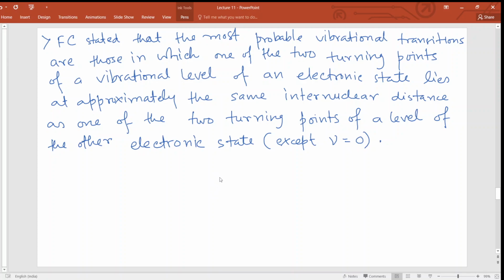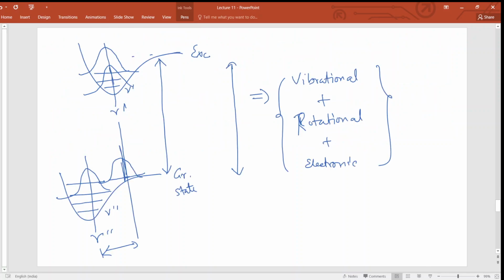If the turning points of a particular vibrational level of one electronic state lie approximately at the same internuclear distance as those of the other, meaning they appear at the same value of RE, then there is a higher likelihood of transition. Very simplistically, let's look at this curve here, maybe go back to this curve.